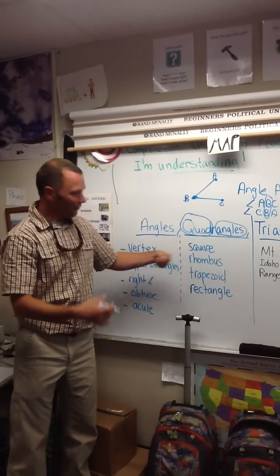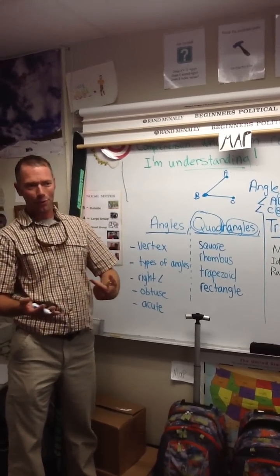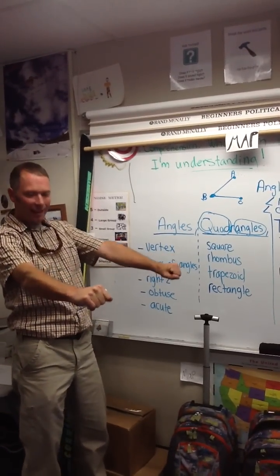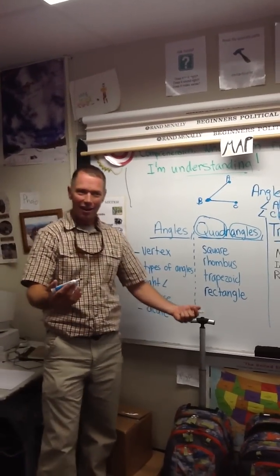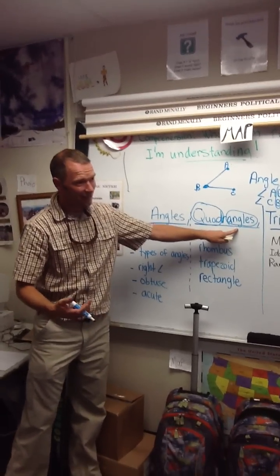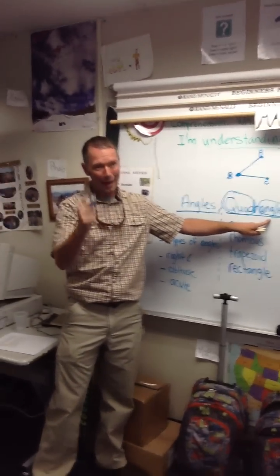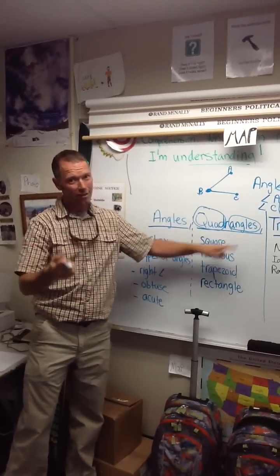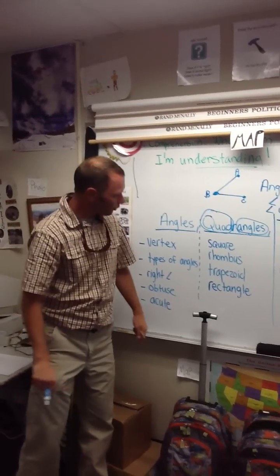But a quad, we know from different examples, might be an ATV that has 4 wheels. There are other uses of quad, obviously. I think a quadruped is an animal that has 4 legs, like a horse. I was told that once. I think that's true.